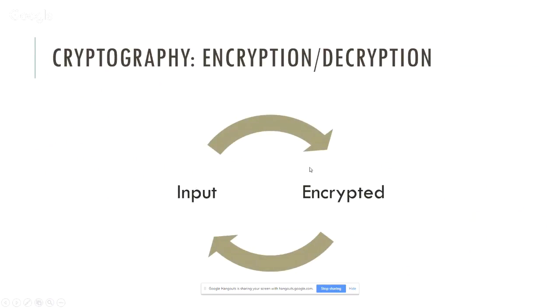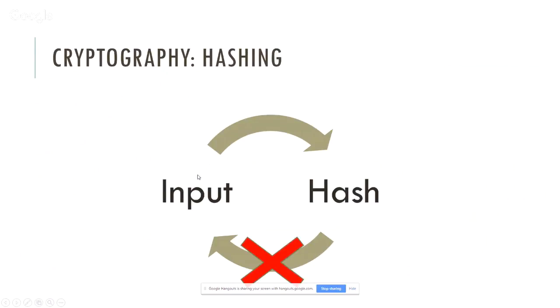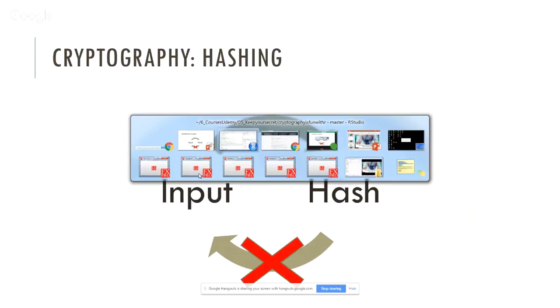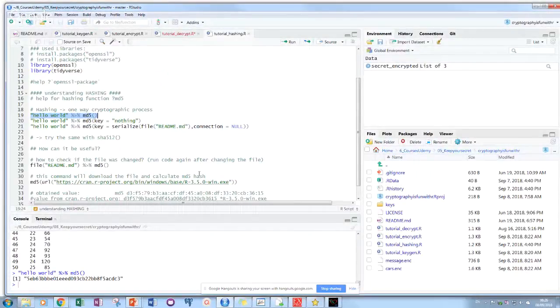Encryption is possible both ways, encryption and decryption, while hashing is only one way. You use an algorithm to create a sort of unique string, which can be of different lengths. You can create those kinds of abracadabra strings that we often see when browsing, and sometimes browsers create those hashes to create unique sessions for us.